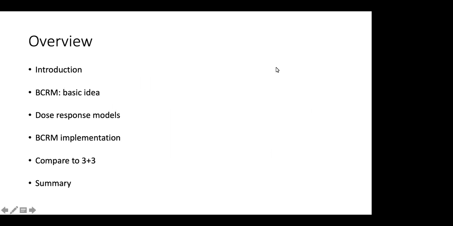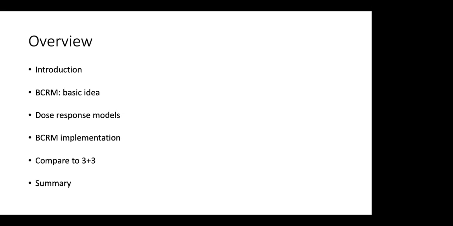Right, so first I will have an overview of the content of today's lecture. I'll start with an introduction of the Phase 1 trial design and recap some of the basic concepts and the basic terms in Phase 1 trial design. And then I'll start with the BCRM introduction, the basic ideas of the BCRM method.